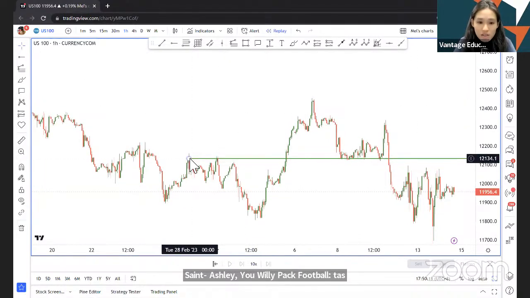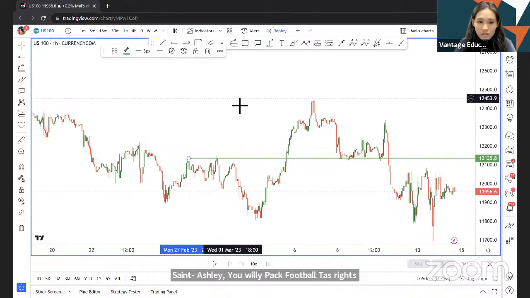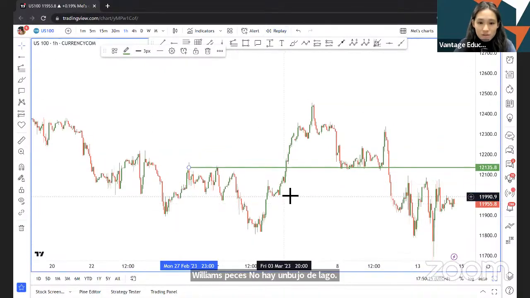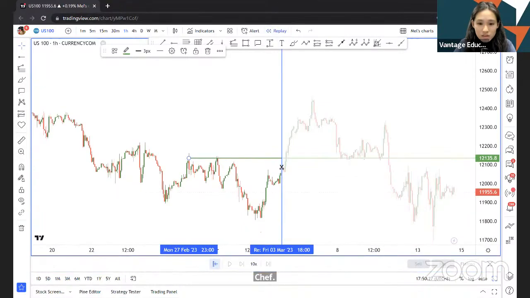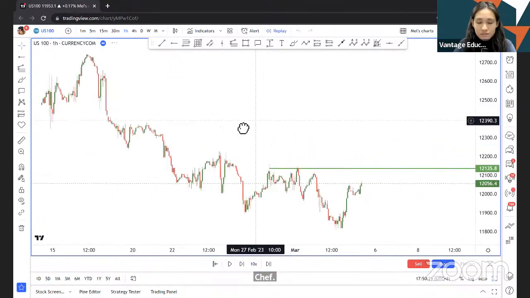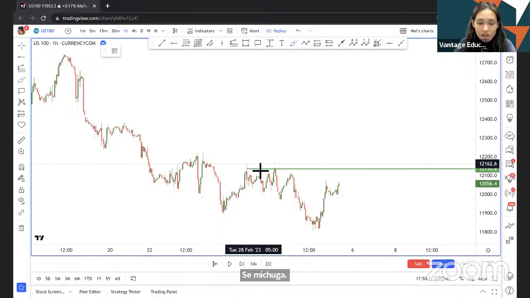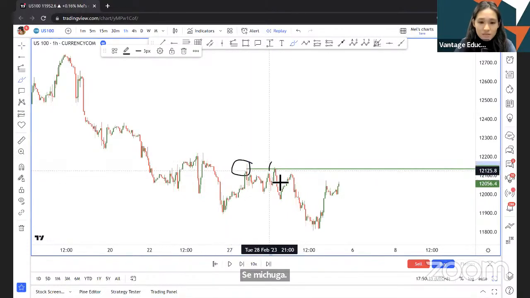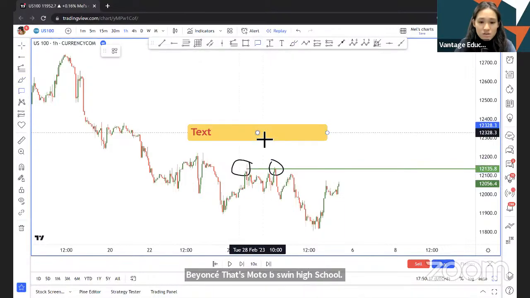This is now an overlap level. If we take a look here now, we can see there are multiple swing highs here, making it a swing high resistance.